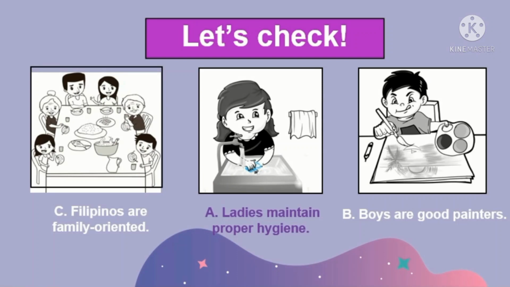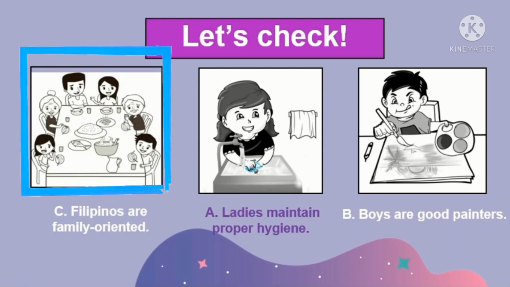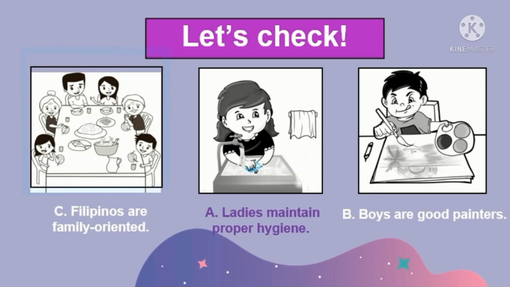Let's check your answer. In the first image, the correct answer is letter C. Filipinos are family-oriented. Because you can see in the image, the family is eating together, and family-oriented means they prioritize their family in anything.